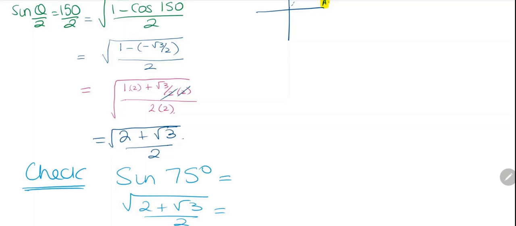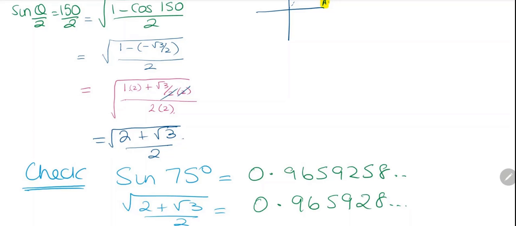So sine of 75 will be 0.9659258. And if we put this into our calculator, we also get 0.9659258. So they are correct.